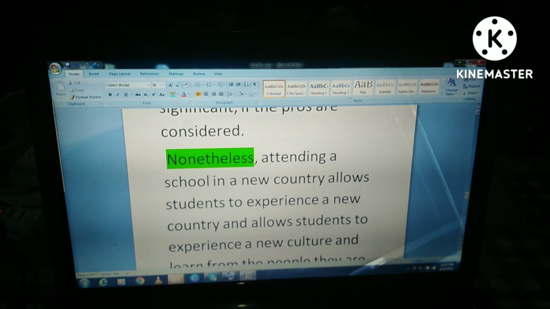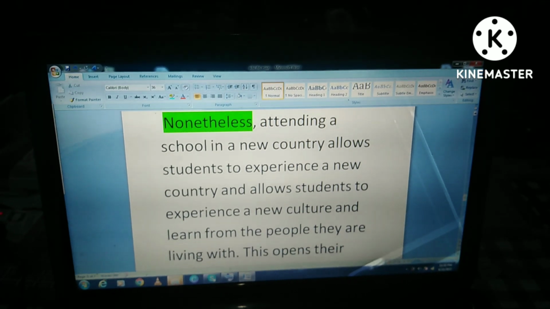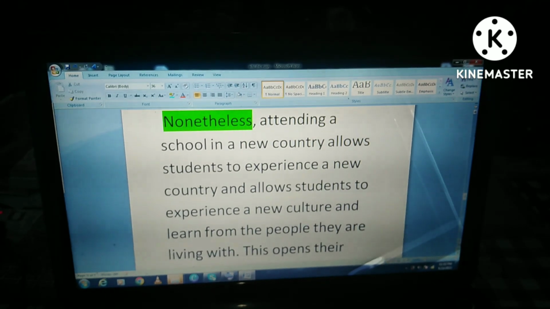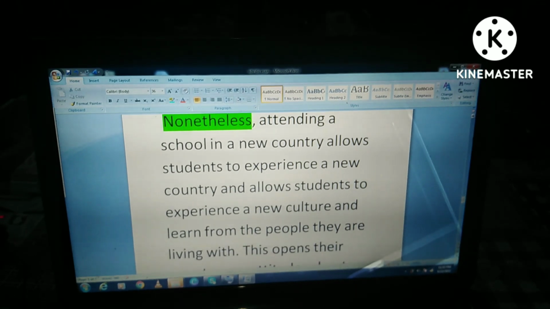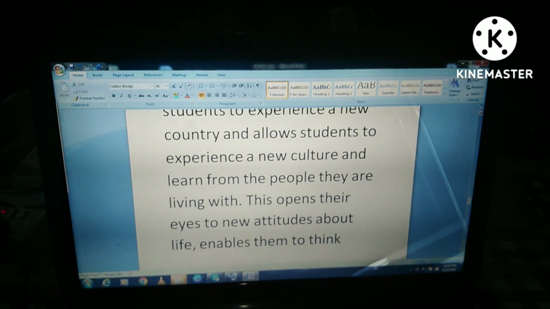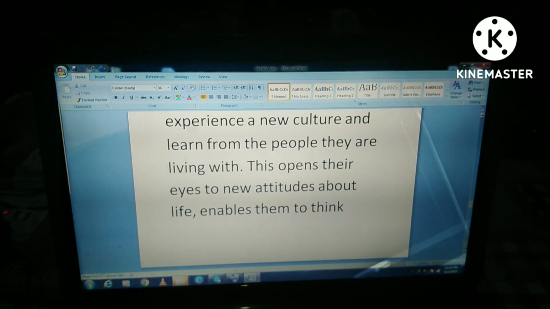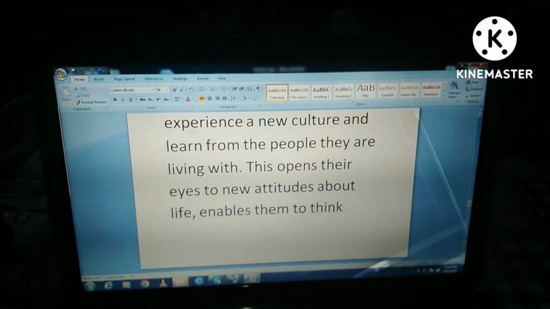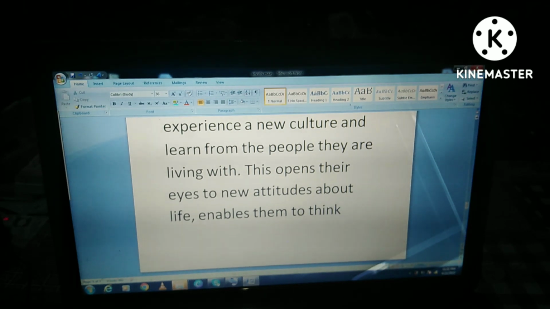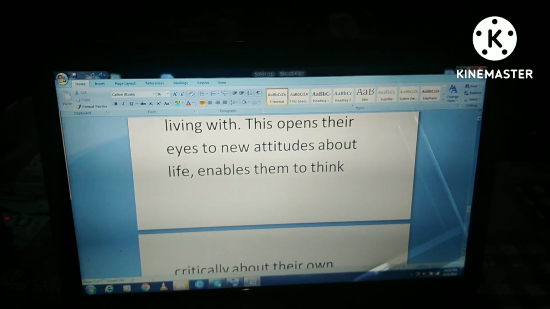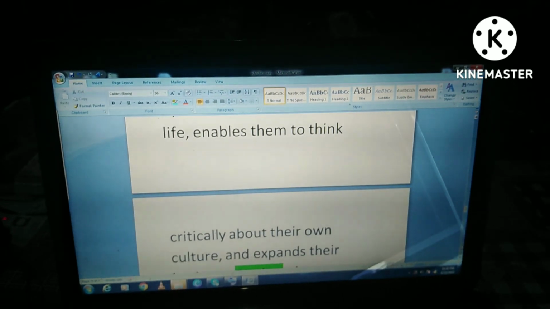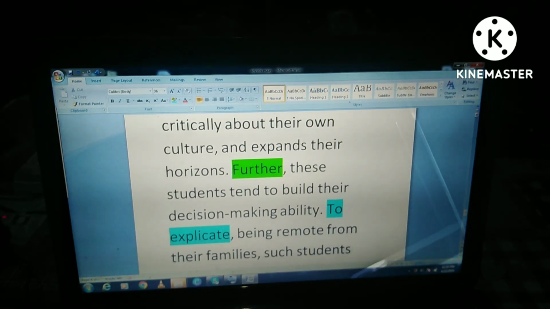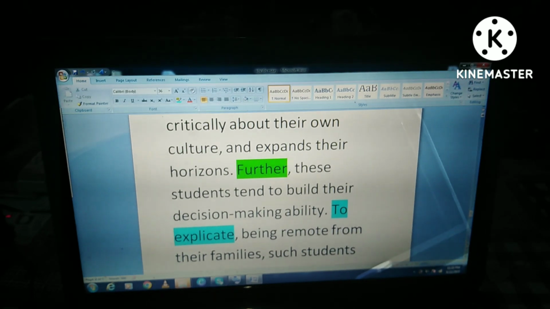Nonetheless, attending a school in a new country allows students to experience a new culture and learn from the people they are living with. This opens their eyes to new attitudes about life, enables them to think critically about their own culture, and expands their horizons.